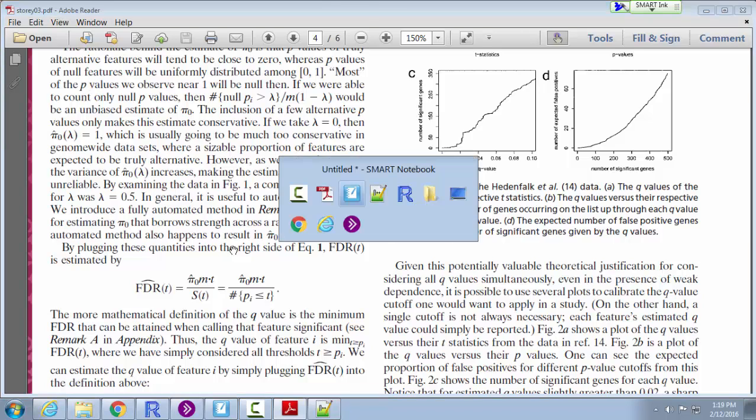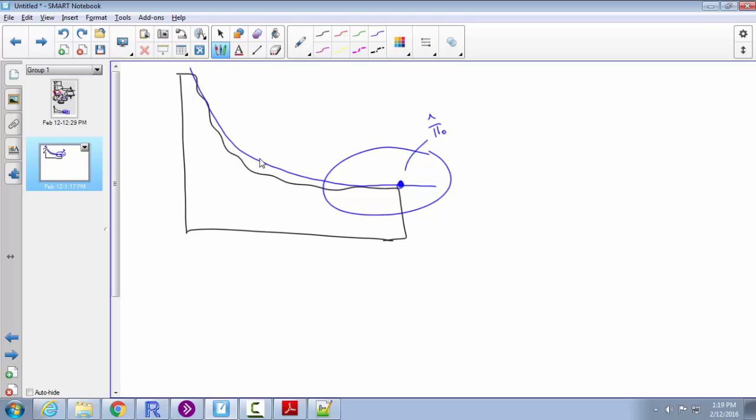In this picture, if we fit a smooth curve, and say pi is some function of the p-value threshold that's used, then we could estimate f to get a hat on it, and then pi 0 hat would be f hat of 1.